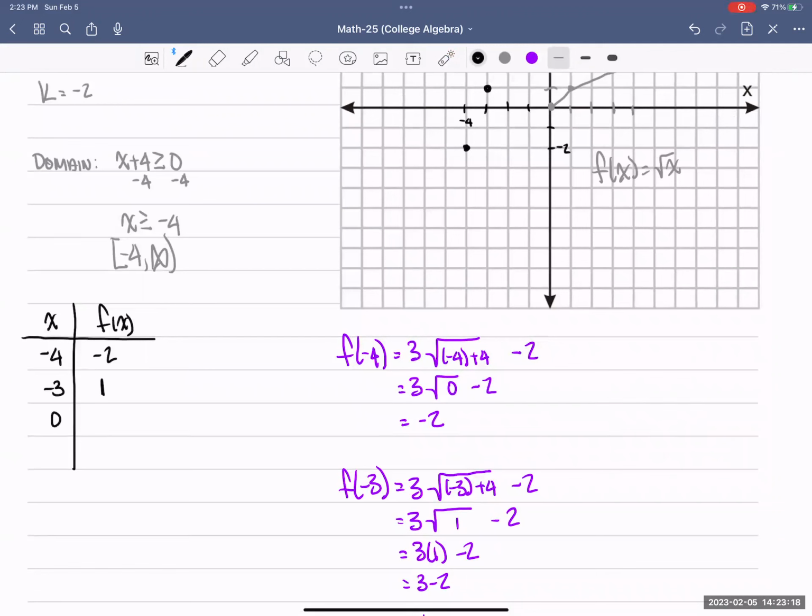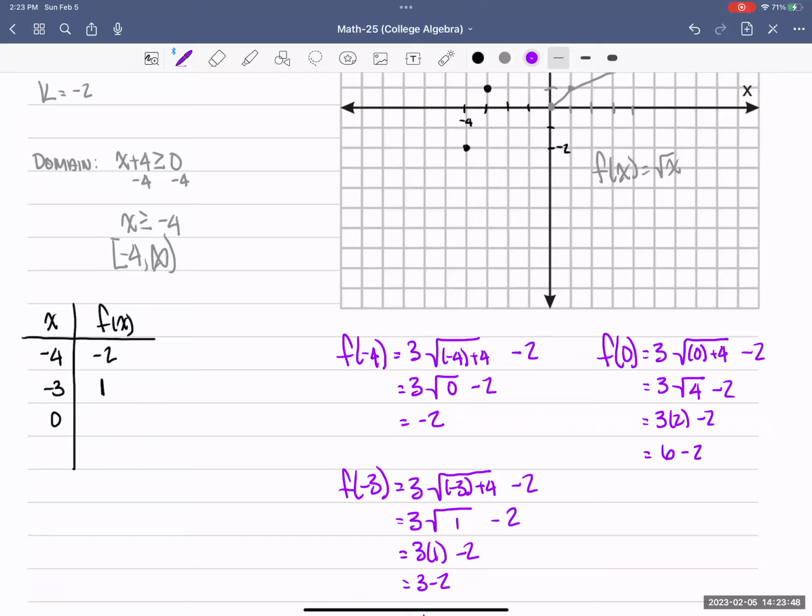Now we have f of 0, and that's 3 times the square root of our input plus 4, and then minus 2 on the outside. 3 times the square root of 4 minus 2. The square root of 4 is 2, and 3 times 2 is 6.